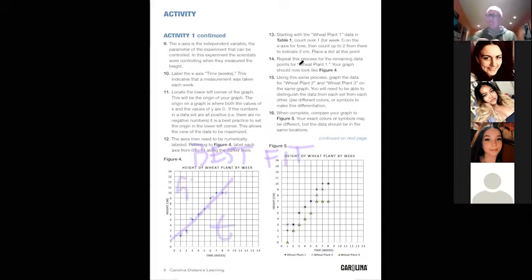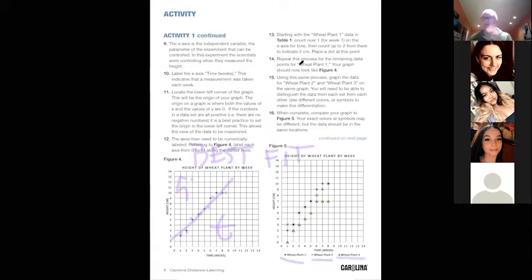So could everyone go ahead and try, and we'll just draw one of these. For the actual lab, we want you to draw all 3. Some things to point out when you do that. It's important that we be able to tell the difference between plant 1, plant 2, and plant 3.